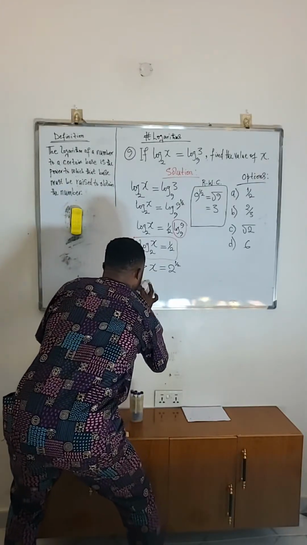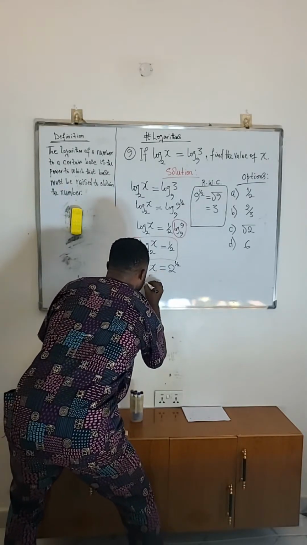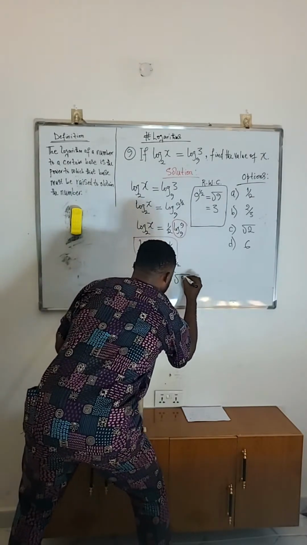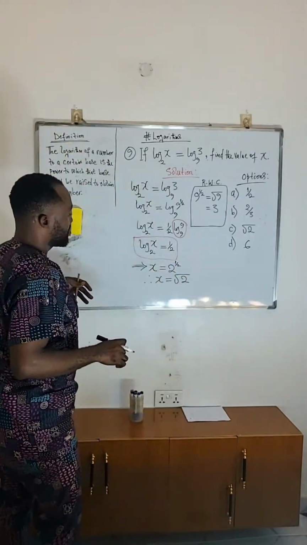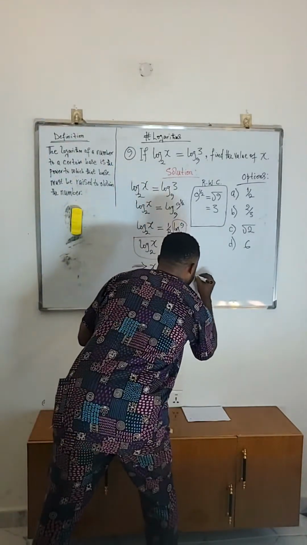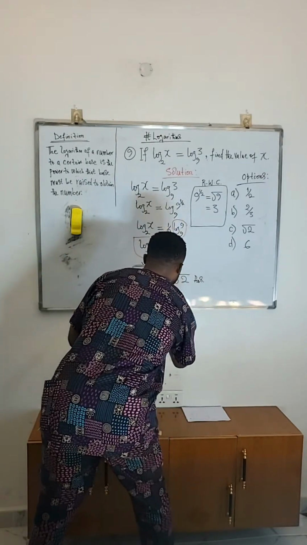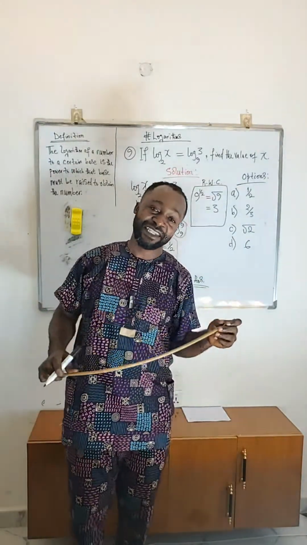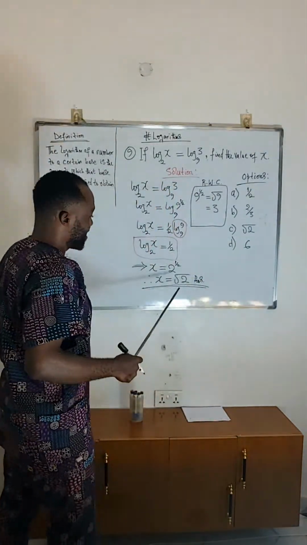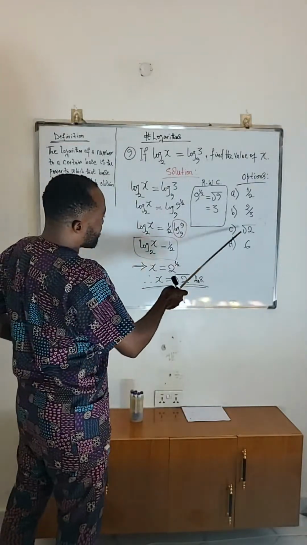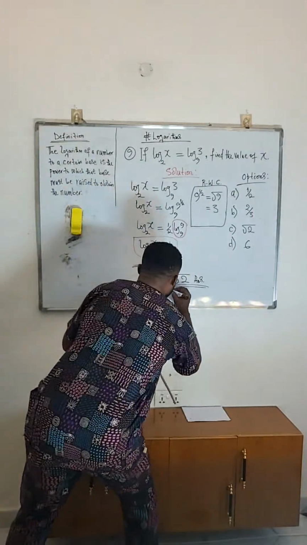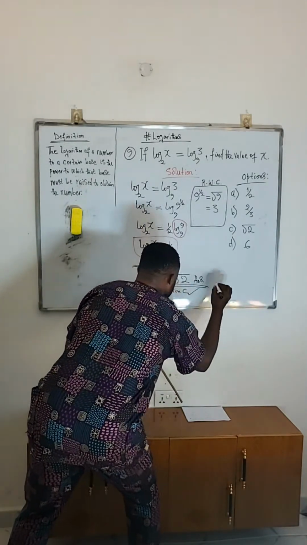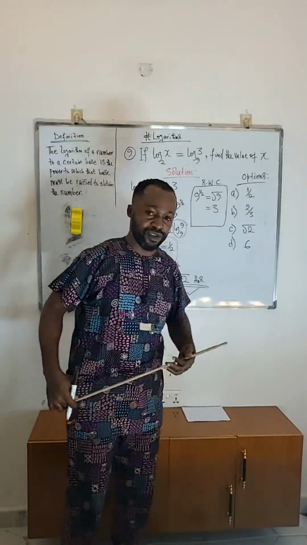Therefore x equals square root of 2. And that's the solution, nothing more. This is manipulation. So if you look through the options, you can see that option C becomes the right option to that question.